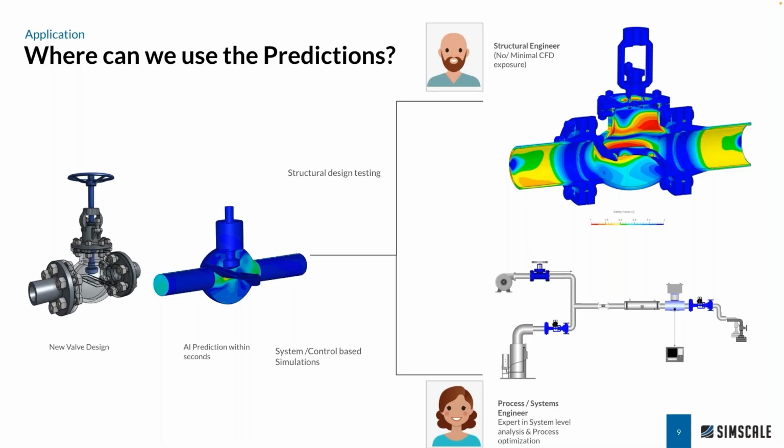On the bottom, we have Jerry, who is a process or systems engineer who also has expertise in reduced order models and system level designing. So her task is to collect the data from the simulations and plug it into a system level design here. For example, you can imagine that we have a process plant where there are multiple valves and a lot of other components involved.